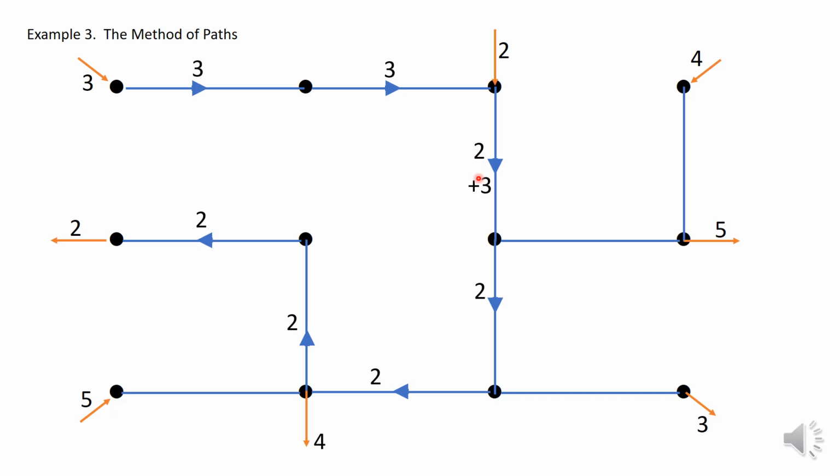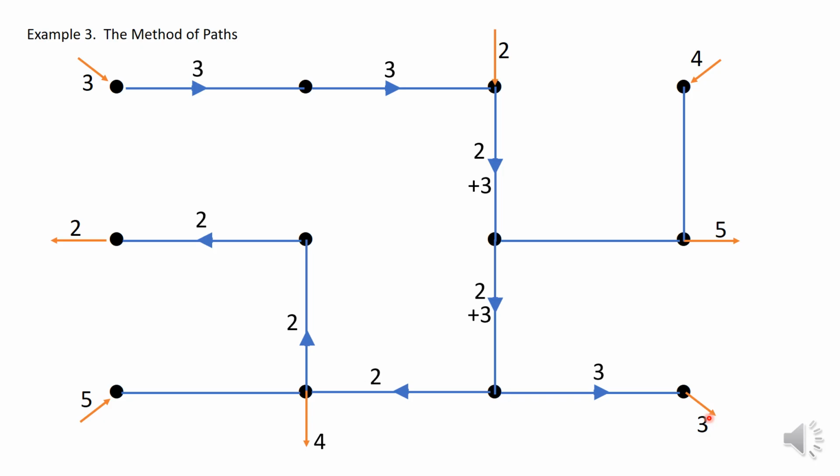It will add to the 2 here, and then 3 along this branch. It will also add to the 2, and then 3 along this branch, and then out. Because of the paired flows in and out and the paths joining those 2, you can create this kind of situation.